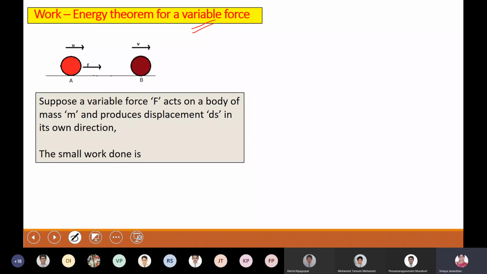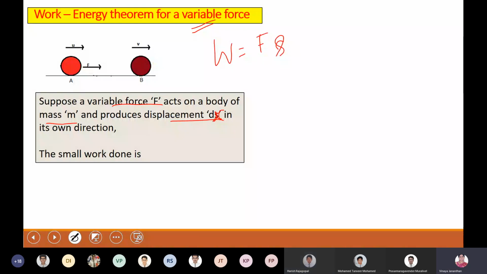The same thing. A variable force F acts on a body of mass M and produces a very small displacement ds in the same direction. Then what is the work done? What is the formula for work done? Force into displacement.